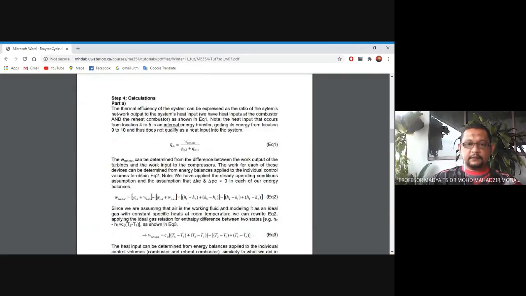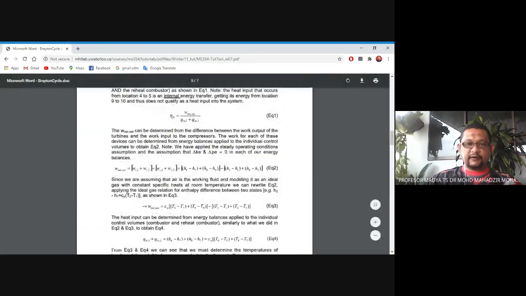So from there we find W net. W net comes from W turbine minus W compressor. The turbine has two stages: work from turbine number one plus work from turbine number two, minus work from compressor number one plus work from compressor number two.